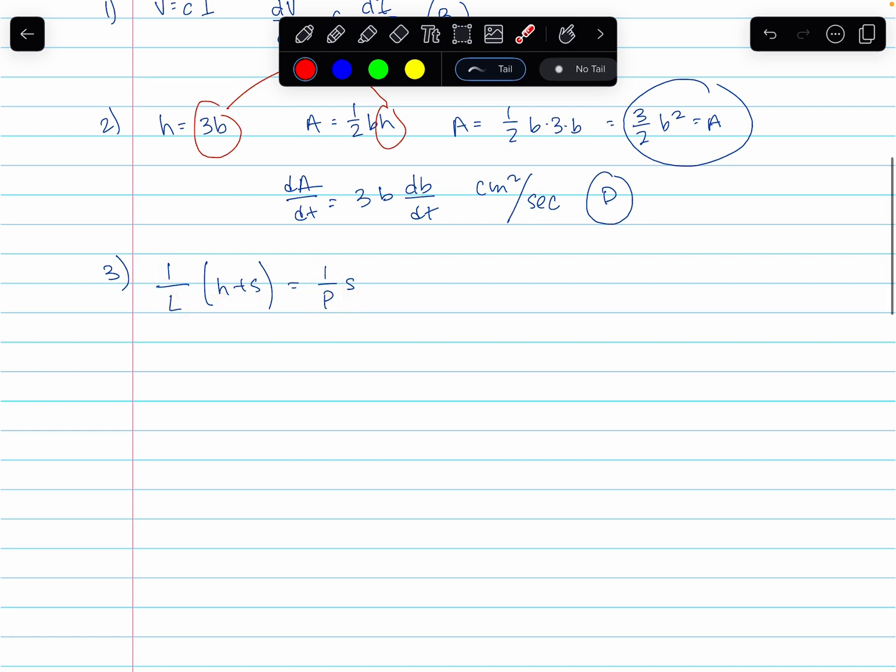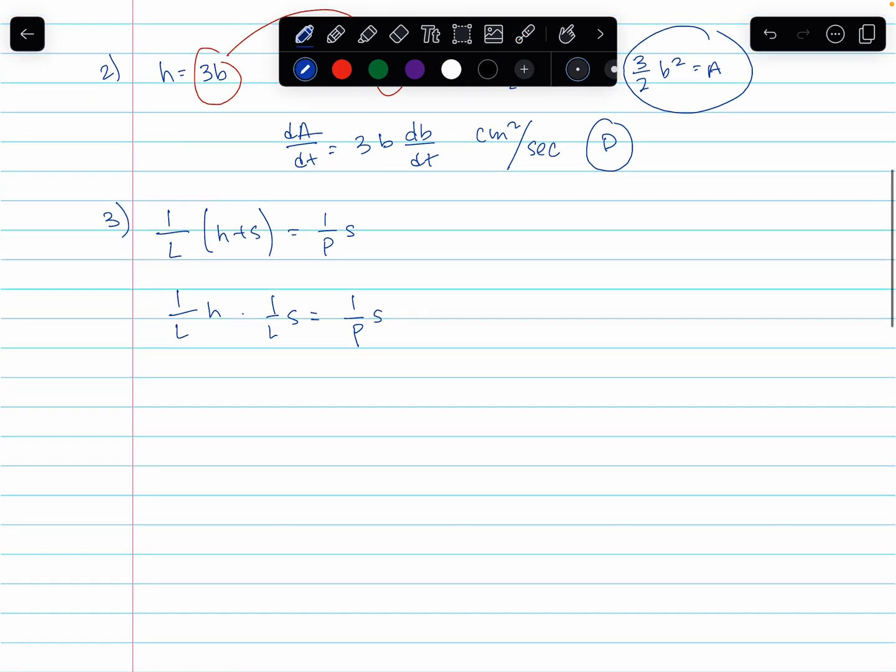Okay, so what we could do is just take the derivative right away. I'm going to distribute that in, though, so I'm going to call that 1 over L h plus 1 over L s equal to 1 over P s. I'm not even sure if that's what we want to do, but that's just what I'm going to roll with.